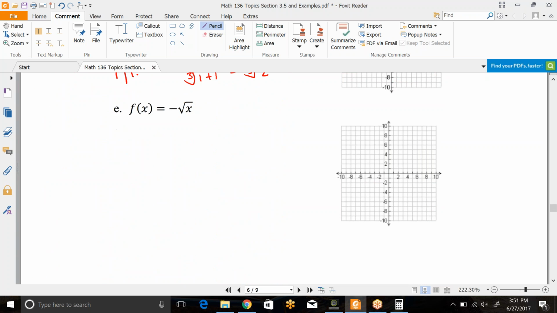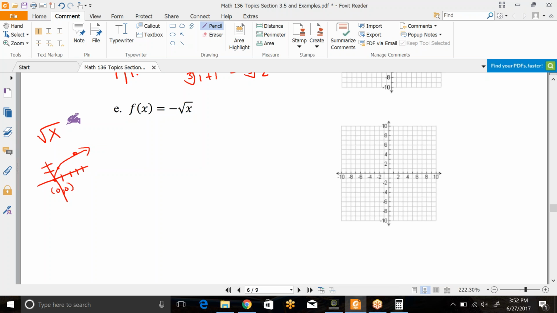So let's talk about E. E has the negative square root of x. So when we have a negative in front, it's going to be a reflection across the x-axis, but we do need to know our shape. So our parent is just square root of x, and that has the points 0, 0, 1, 1, and 4, 2.